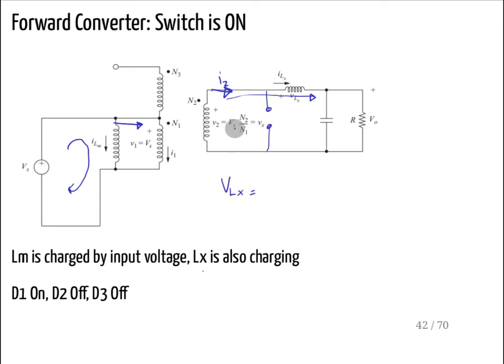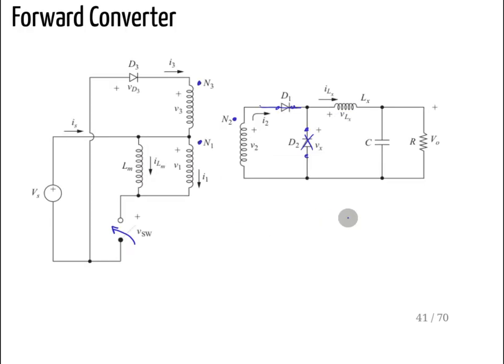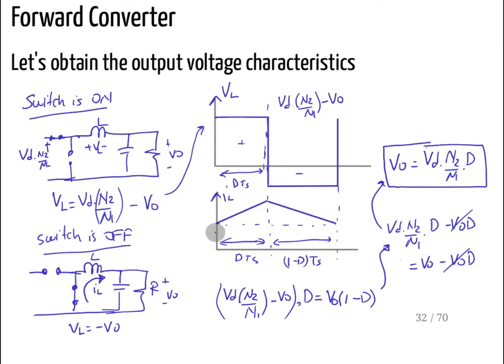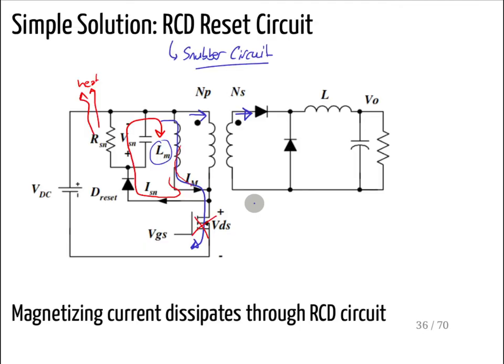VLX is equal to Vs times N2 divided by N1 on one side, minus VO on the other side, and ILX is increasing linearly. If you remember the previous slides, it is the same characteristics as we have here, right?